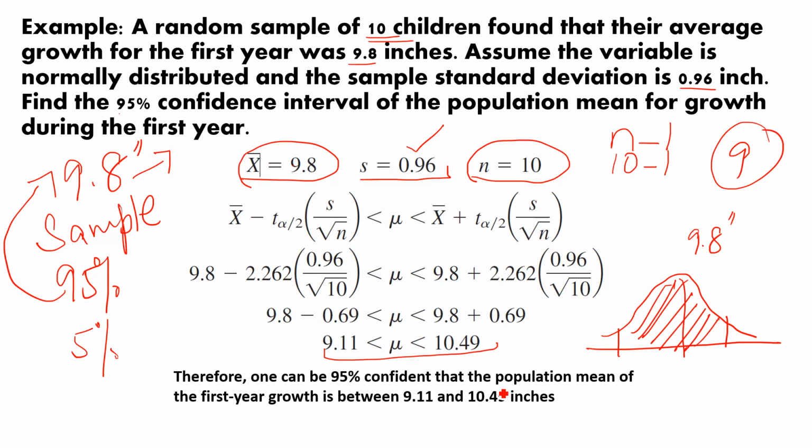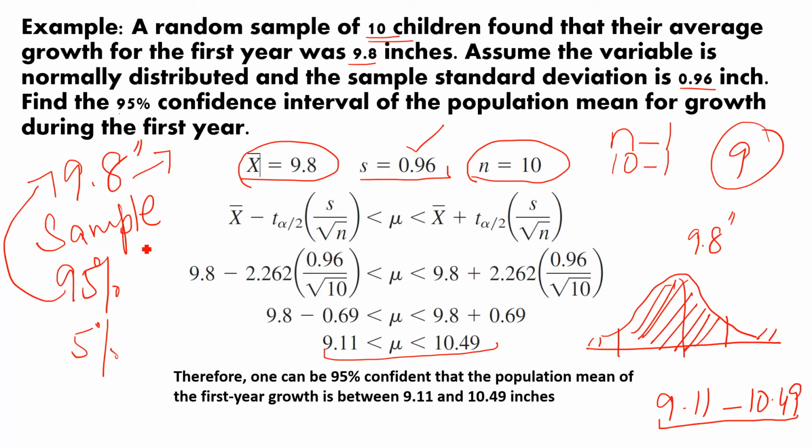So 5% means 0.025 in one direction, and here on the other side maybe it will be a little bit more, or maybe it will be a little bit less. So see here, less and greater. So when we find out the range, the answer is 9.112 to 10.49. This is the range.